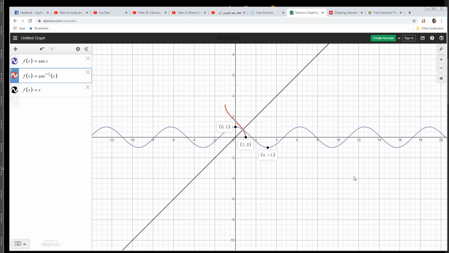We already did the graphs of the functions, and the graphs of y is equal to cos x and y is equal to cos inverse x are drawn here as well.